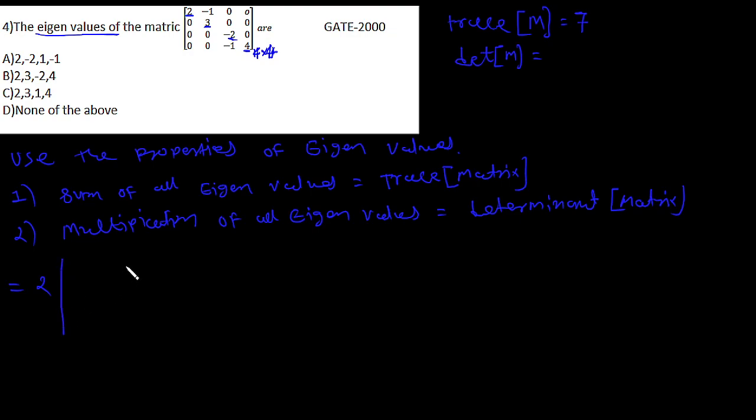Now we have to delete the first row and the first column which correspond to this element. Whatever remains we have to write here as it is: 3 0 0 0 minus 2 0.